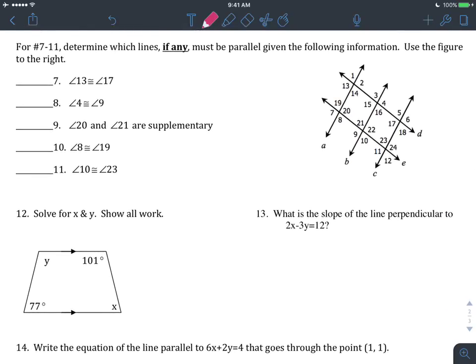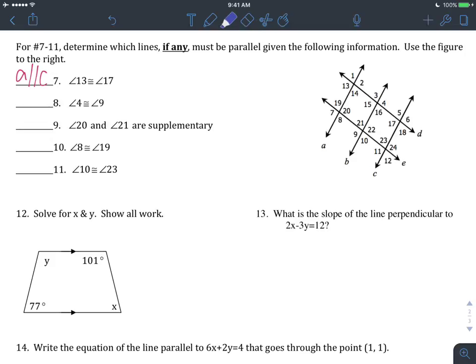All right, number 7. It says 13 is congruent to 17. They share line D, but then 13 uses A and 17 uses C. So that means A has to be parallel to C for number 7.